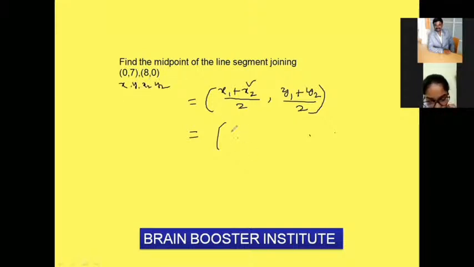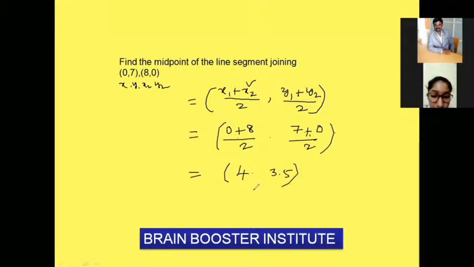Now x1 is nothing but (0 plus 8) by 2, comma, y1 is nothing but (7 plus y2) by 2. Now 0 plus 8 is 8, 8 by 2 is nothing but 4, and 7 plus 0 is 7, 7 by 2 is nothing but, can I write 3.5?